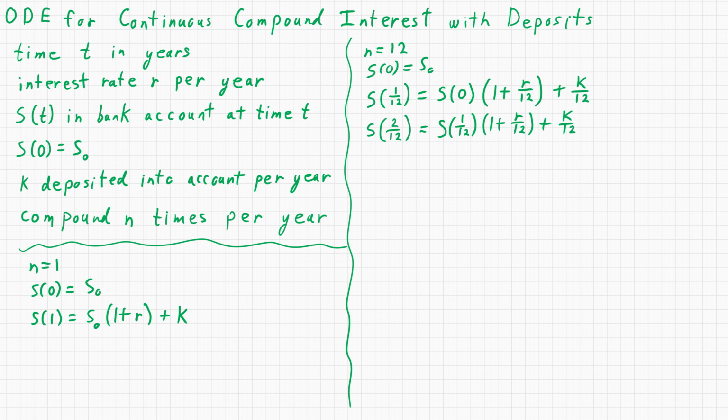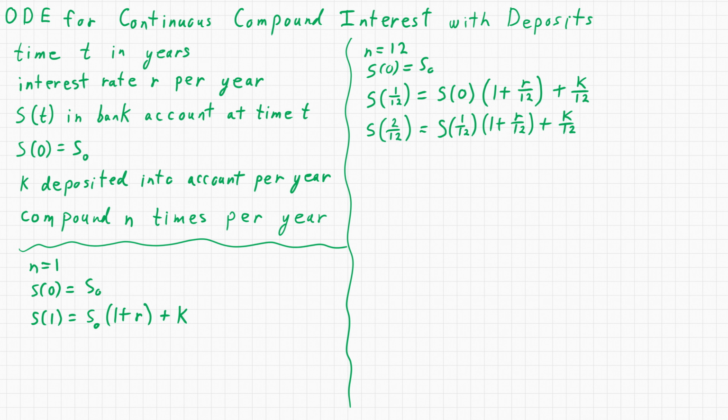And now here's the problem. Last time, when we substituted the previous S into here, we ended up just getting powers of 1 plus r over 12, every time we did another month. The problem is, though, we have this K over 12 hanging around now. It is possible to simplify, but we're not going to do that. We're going to try and convert this into an ODE instead.